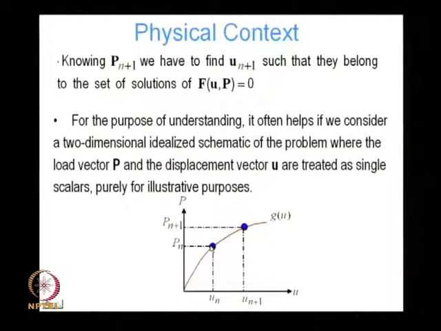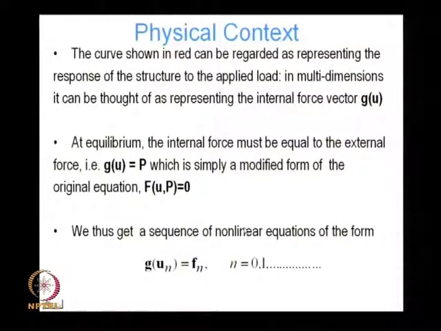But to go from here to here is not easy, you can see, because this slope is not a constant, this slope is varying. So, if I take an initial step based on the slope here, I am not going to reach equilibrium. I have to iterate till I go back and hit a point on the red curve. And the red curve, as I said last time, represents the response of the structure to the applied load.